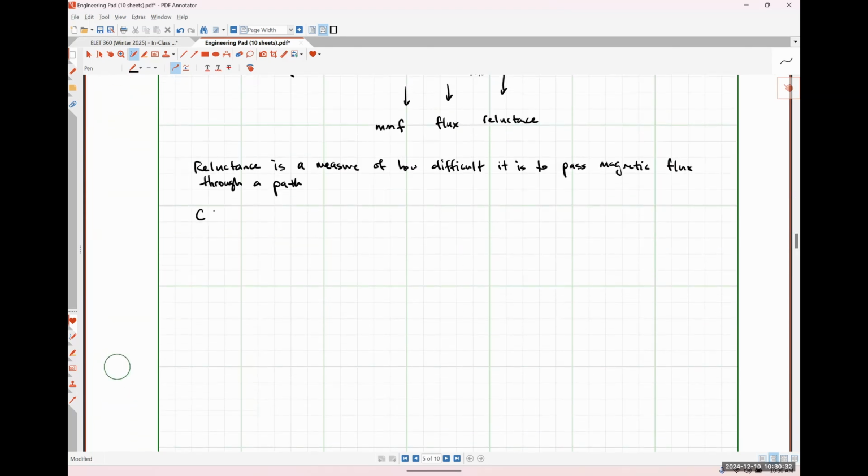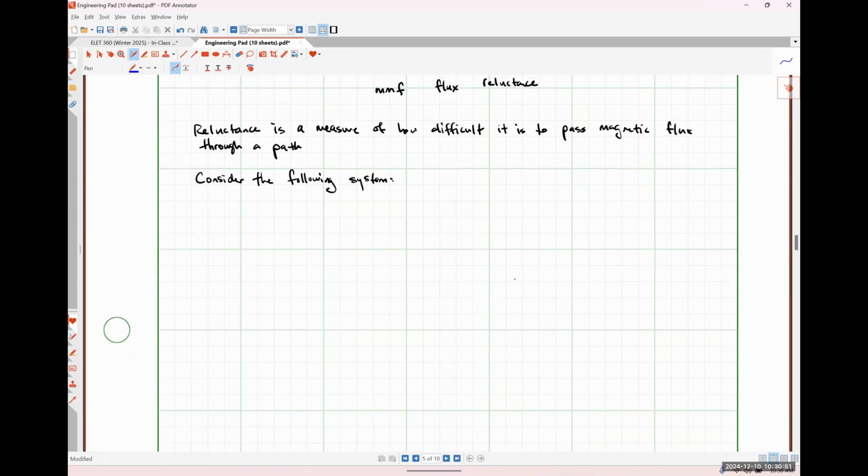So let's consider the following system. I think I drew my core in blue last class, so I'll continue to try to remember to do that. So let's say that we have something like this.